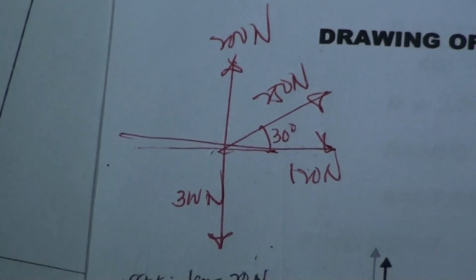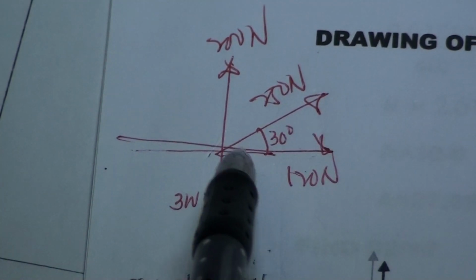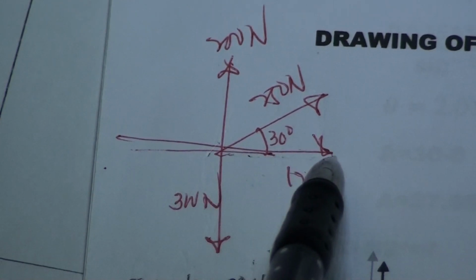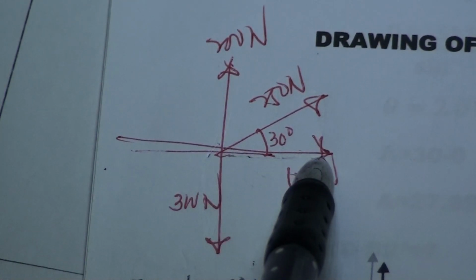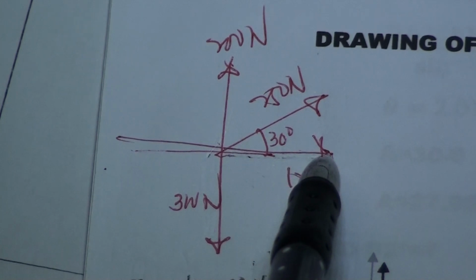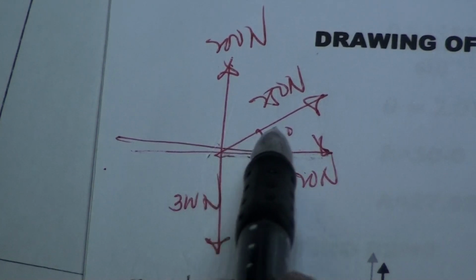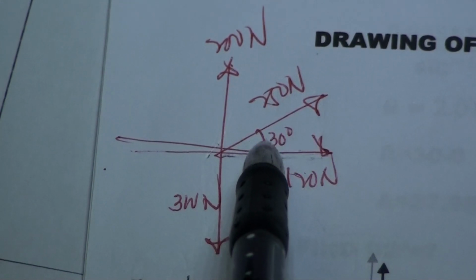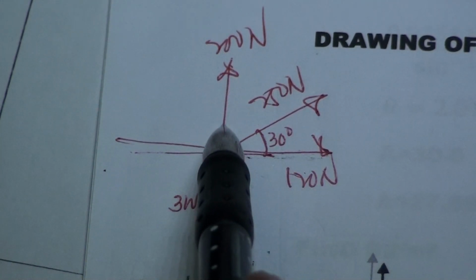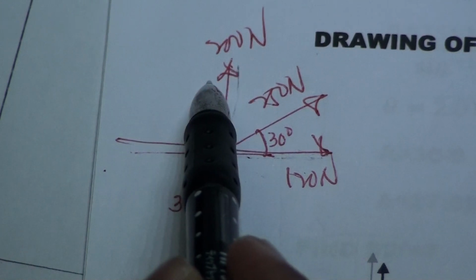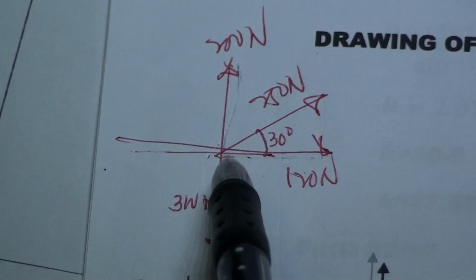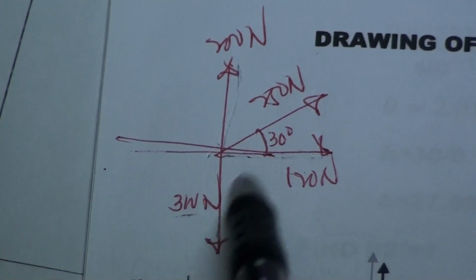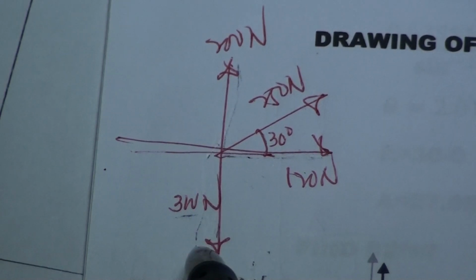To review, the given was 120 Newton directed towards the right along X, and we also have 250 Newton inclined at 30 degrees, 200 Newton oriented vertically upward, and the last force, which is 300 Newton vertically downward.